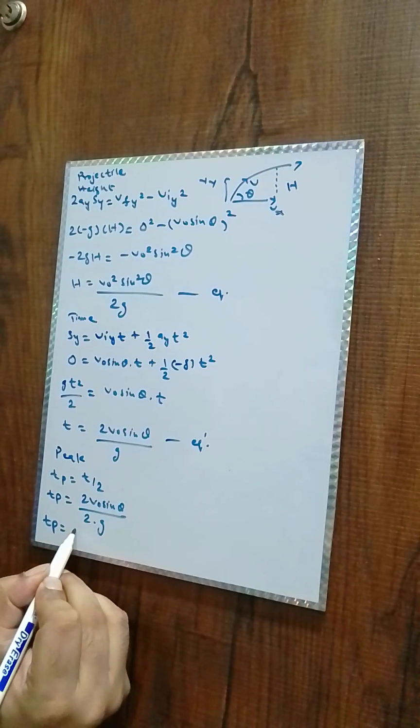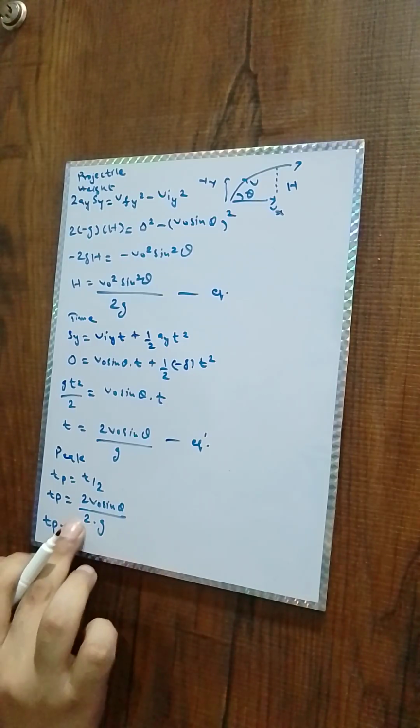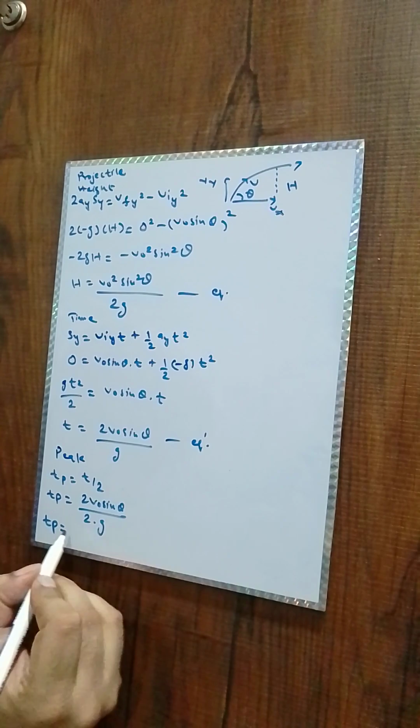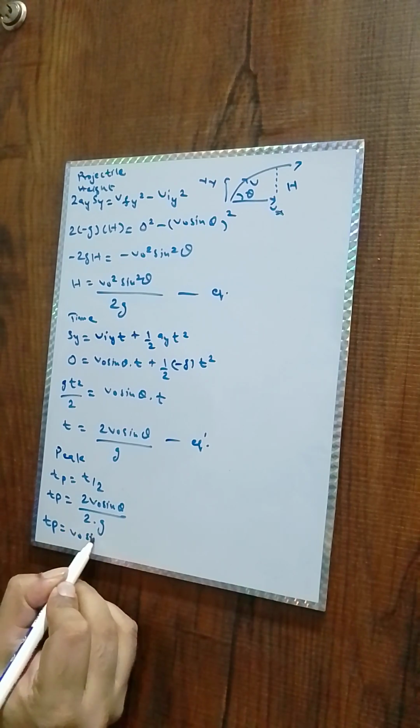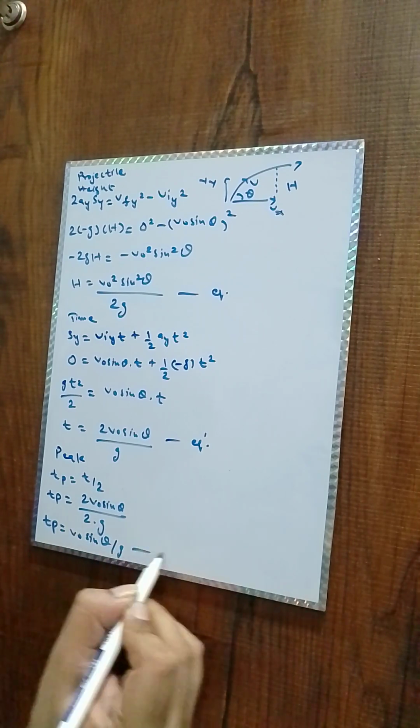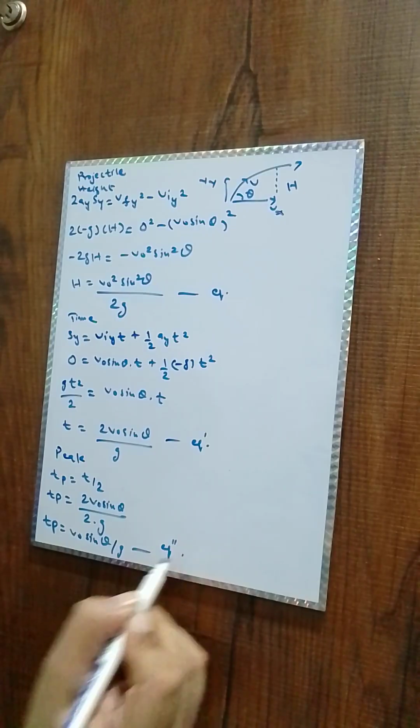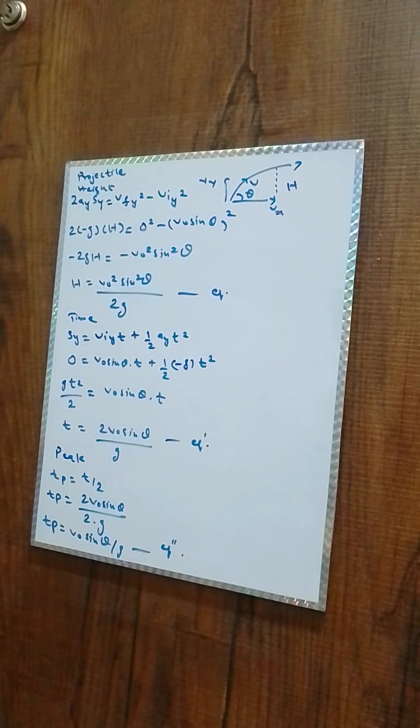The 2 cancels out, so time to peak is equal to v naught sine theta by g. So this is another form, if somebody is interested in the peak time.